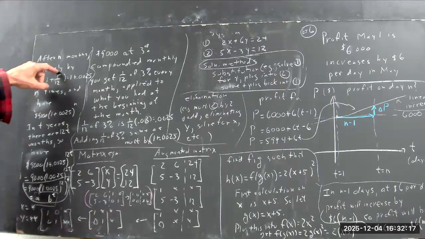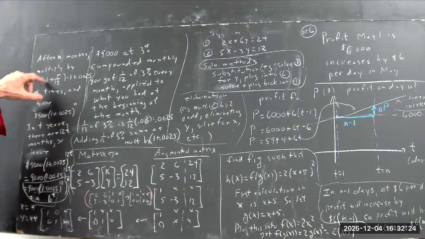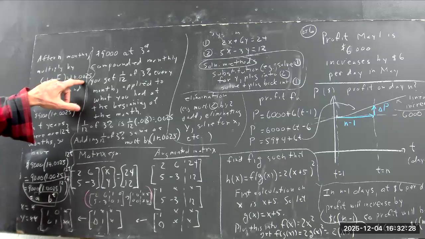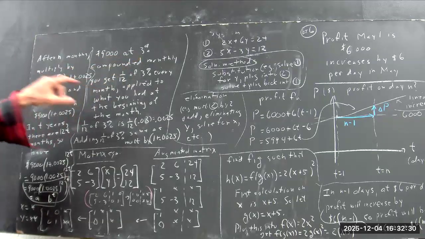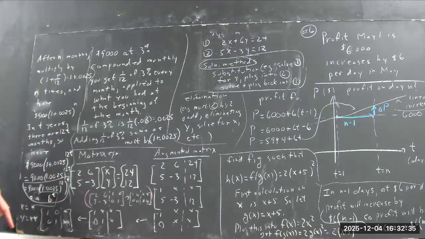Now, I use the 1 plus r over 12 here, because that's in a formula your book gives you instead of explaining what's going on. It's 1 plus r over 12. That's your 1 plus 0.0025, because what's r? r is your 3%, and 12 is the number of times you're compounding.